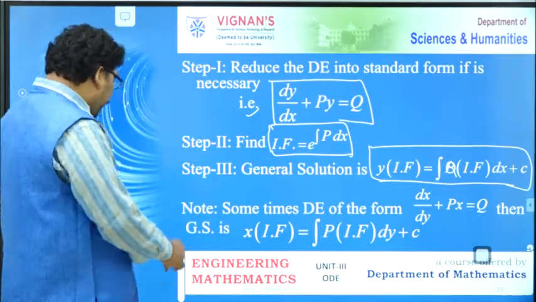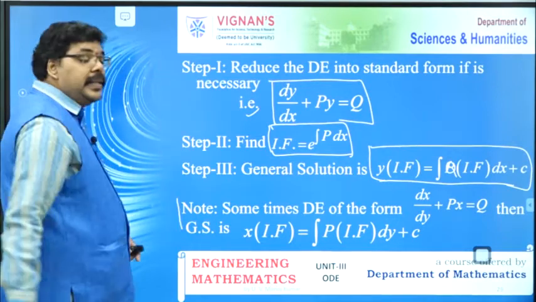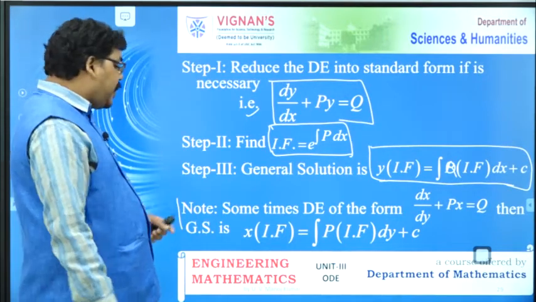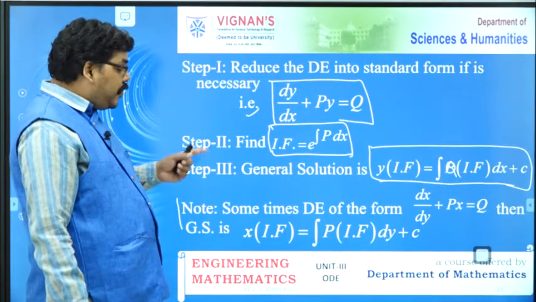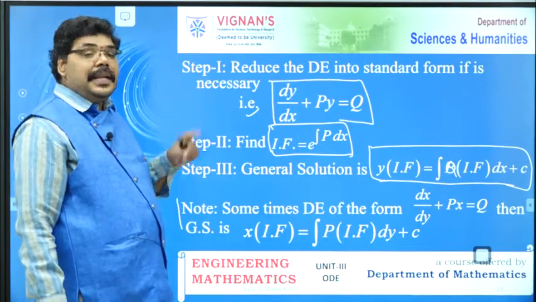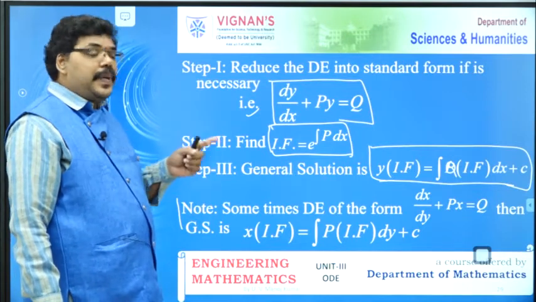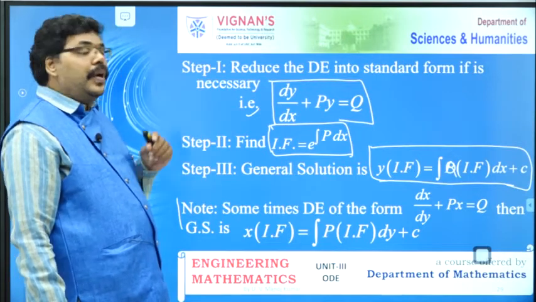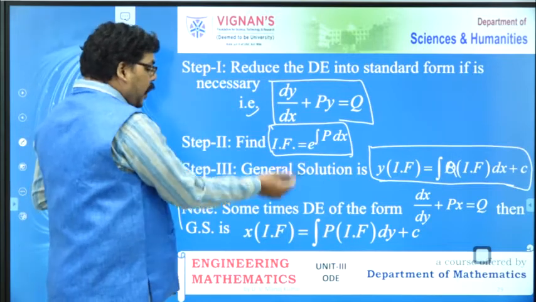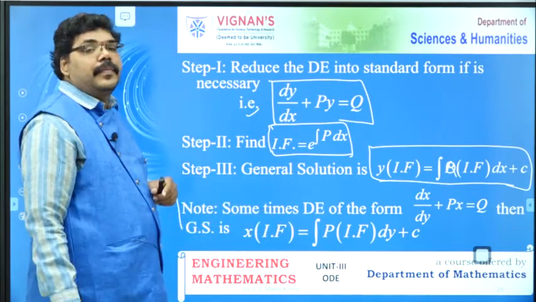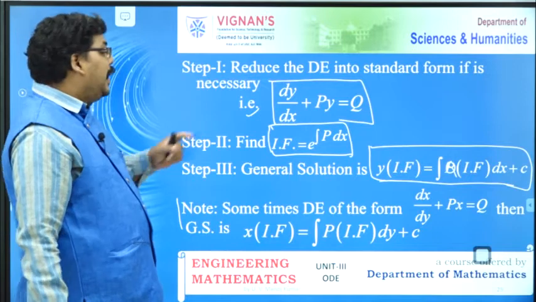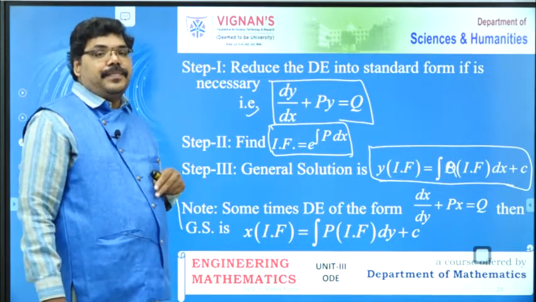So there is a note here, carefully read this. What is this note saying? If the differential equation is in the form dx by dy plus p of x equals q, compare the standard form and the form written here. What is the difference? y and x are interchanged.